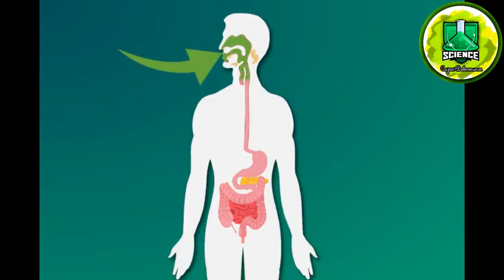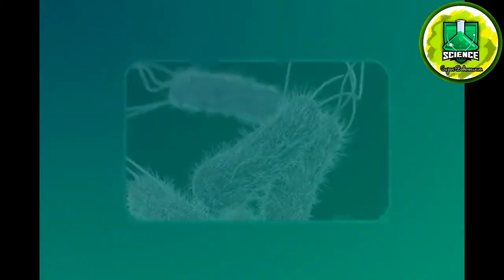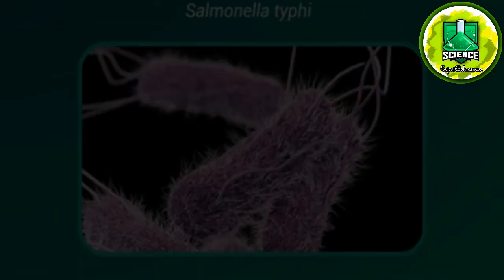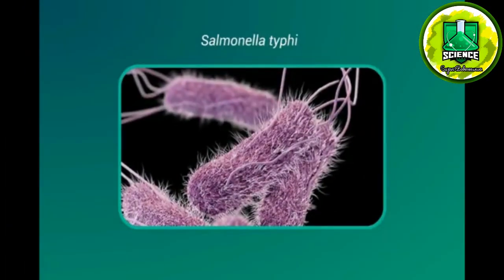Typhoid. Typhoid is caused by a bacterium. The pathogen is transmitted through food and water. The bacterium can enter into the body through the mouth while swimming and bathing. It may enter into the body through fecal matter of a patient or consumption of contaminated food. It causes stomachache and diarrhea.